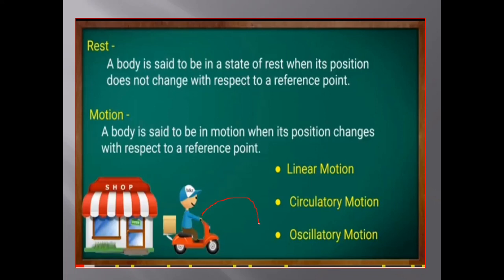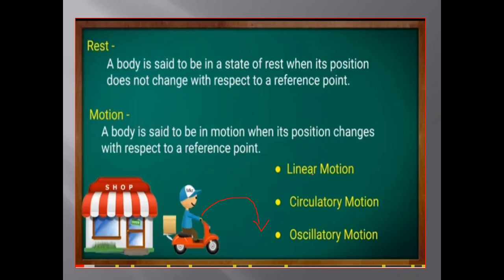The driver is changing from the initial position to the final position. That means we can say that the driver is in motion with respect to the shop. That means a body is said to be in motion when its position changes with respect to a reference point.